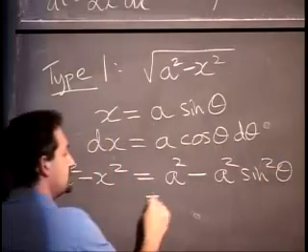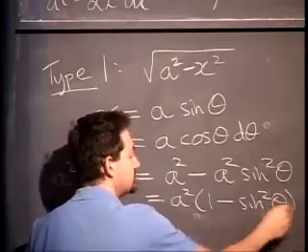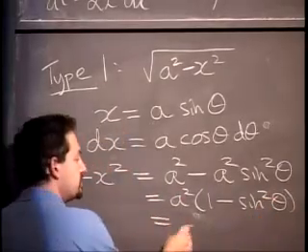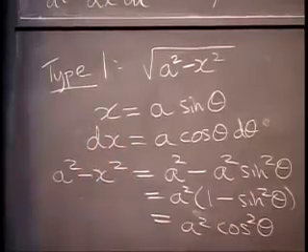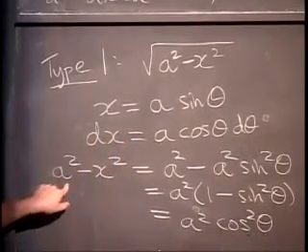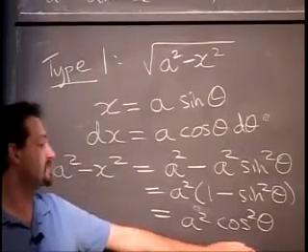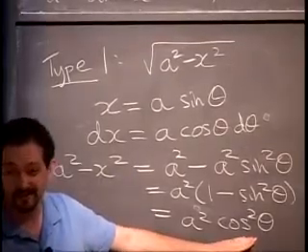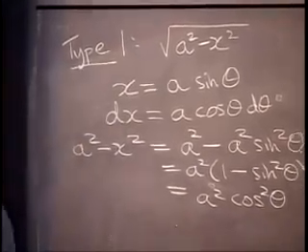Let's factor that into 1 minus sine squared theta, and wouldn't you know it, you get a squared cosine squared theta. That's a pain to take a square root of, but this is a pleasure to take a square root of. Basically, it's just a cosine theta. So your integral is going to eliminate all the square roots when you do the substitution.